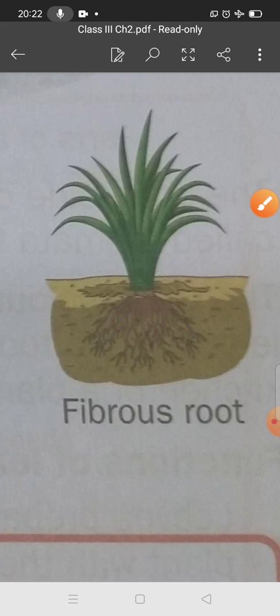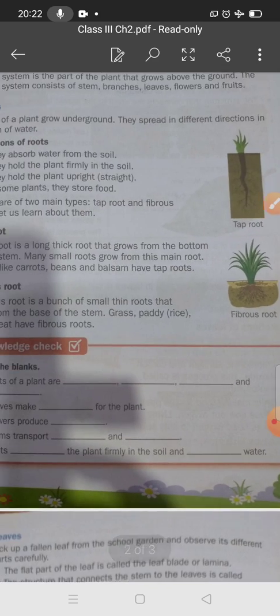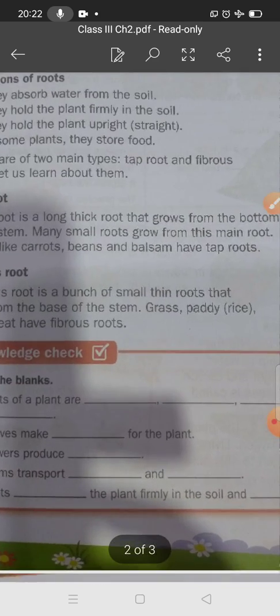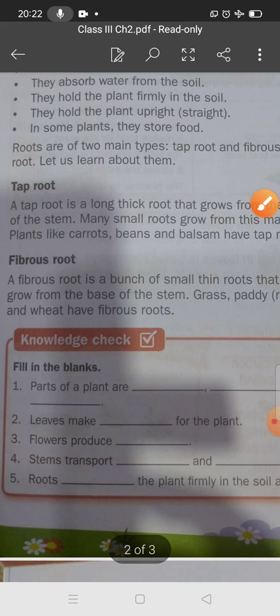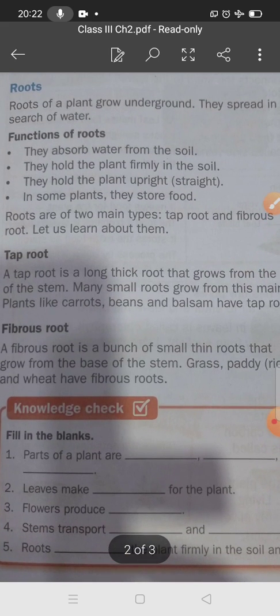You can take examples of plants that have fibrous root. What are these? Grass, paddy or rice, and wheat have the fibrous root. Understand? So what are the functions of the root?